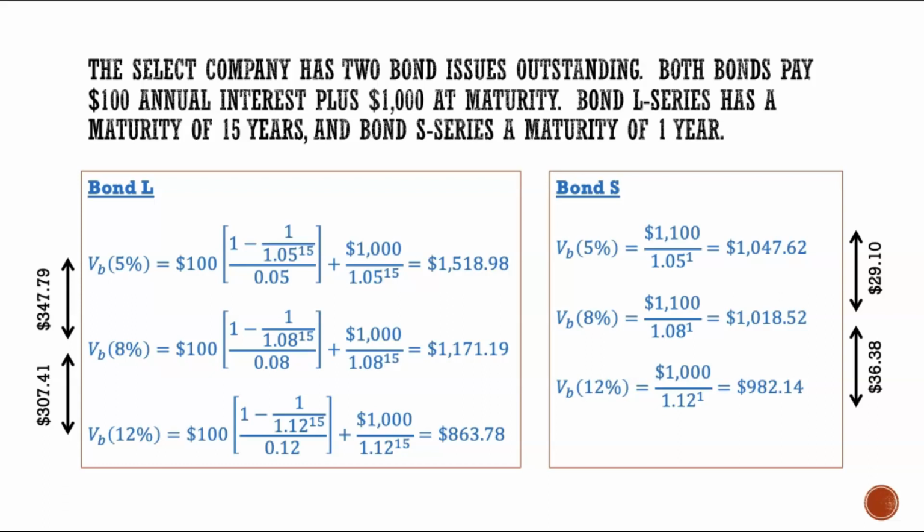So with a change in the rate, there's going to be a much more significant fall in the value as compared to bond S, which is just 1 year away. So this really comes down to simply the time value of money.